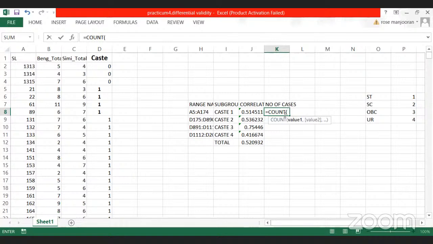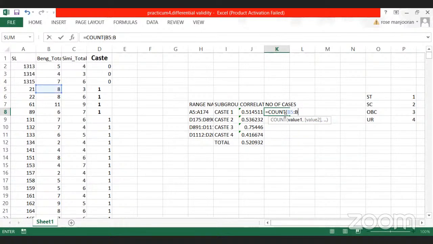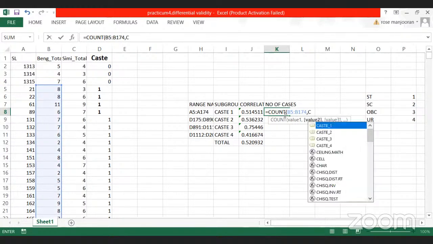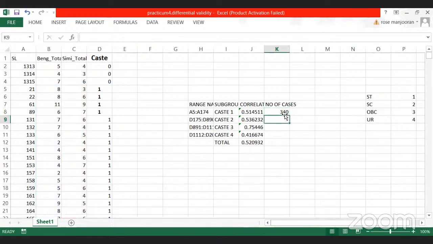So write equal to COUNT, then B5 to B174, then C5 to C174. Okay. So we get the total number of cases. It is a little bit time consuming, that is why I am showing you like this. Otherwise, I have to run through the cells and look where it starts, and it will take a lot of time.